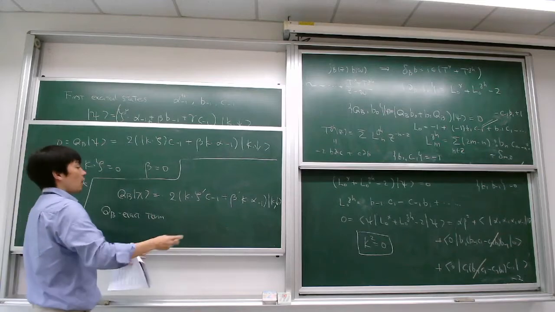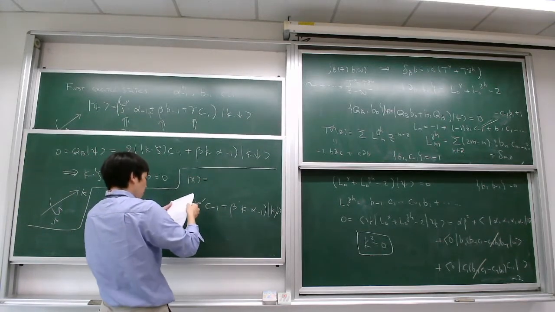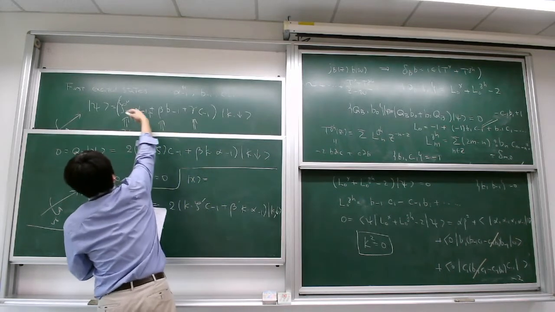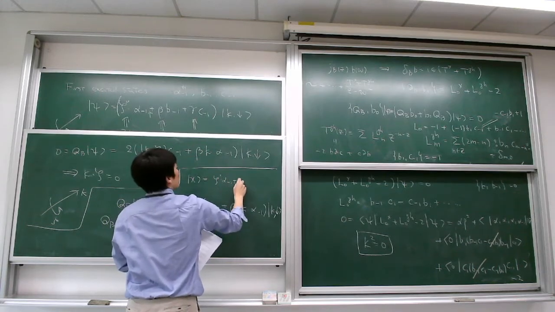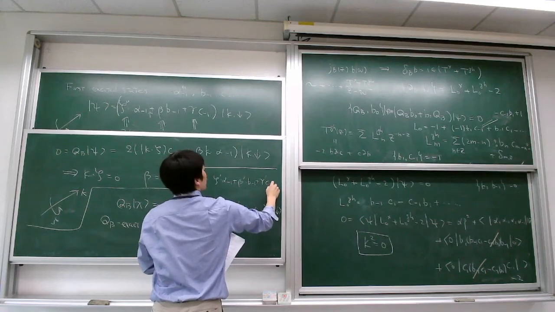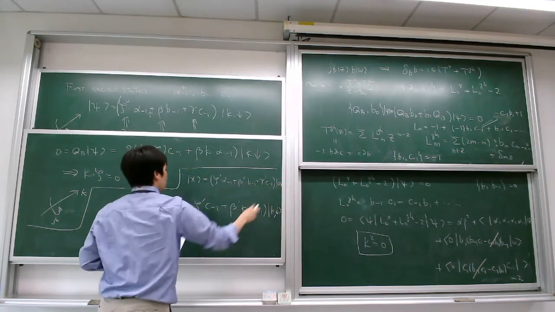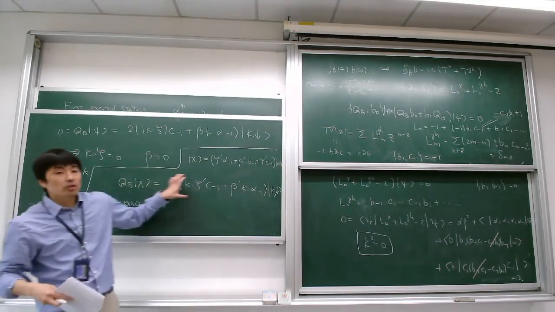So I just start with the state chi, such that it has a form like whatever form: zeta prime dot alpha minus 1 plus beta prime b minus 1 plus gamma prime c minus 1 acting on the vacuum. I'm just being lazy, I just write 0. And this QB acts on here. This is the Q exact term.